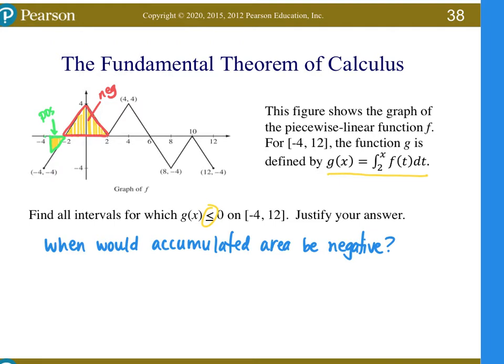And even if I go all the way to the end here, that's more positive area, but it's not enough positive area to accumulate with the negative. So it would be negative the whole way through, from -4 all the way to 2.